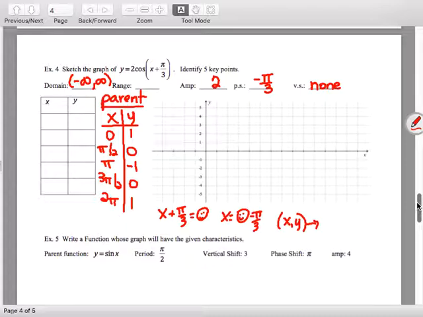I'm going to take my x values and subtract pi over 3, and then my y is going to have 2 times the y. So I'm going to pause, and what I want you to do is use the mapping notation and our parent function to create a table with our 5 key points. I'm going to pause and give you a head start on me if you haven't already done this one.